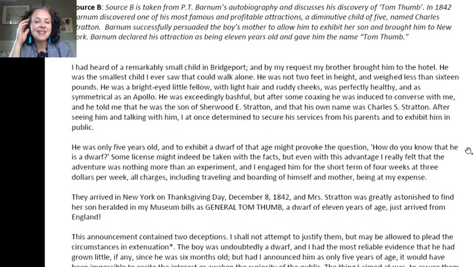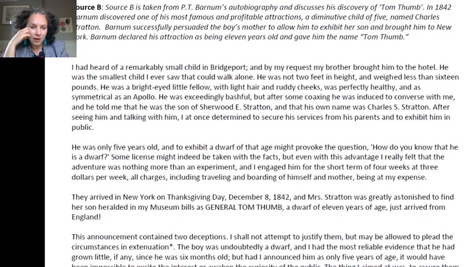"He was exceedingly bashful, but after some coaxing he was induced to converse with me, and he told me that he was the son of Sherwood E. Stratton, and that his own name was Charles S. Stratton. After seeing him and talking with him, I at once determined to secure his services from his parents and to exhibit him in public.